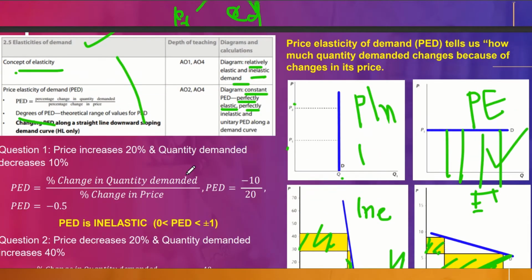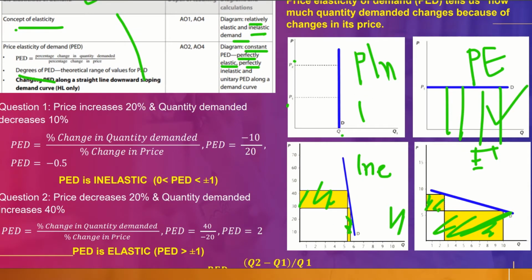See, the next part they have given is degrees of PED, which means the range of values. Price elastic means what is the value, inelastic means what is the value, perfectly elastic means what is the value, perfectly inelastic means what is the value, unitary means what is the value.